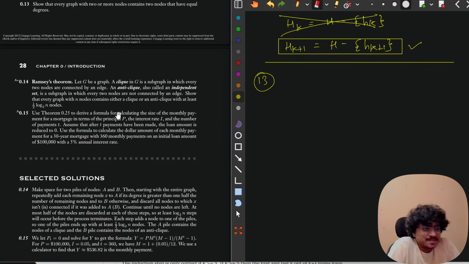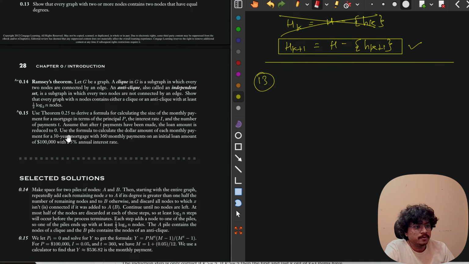this is so interesting. Use theorem 0.25 to derive a formula for calculating the size of the monthly payment, given principal P, interest rate I, and the number of payments T. Assume that after T payments have been made, the loan amount is reduced to zero.